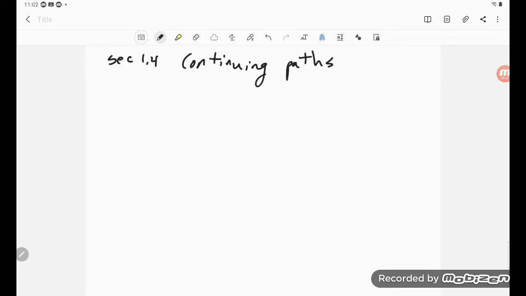Kind of any smooth curve could be eventually described somehow as a path, but usually we take paths because of their description.